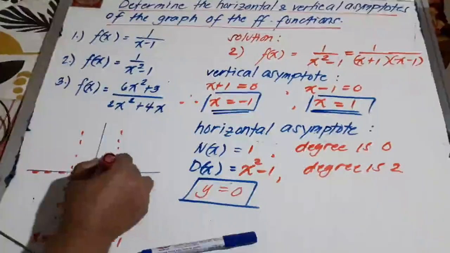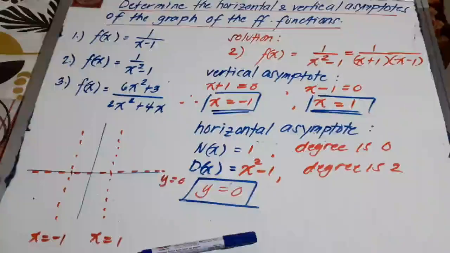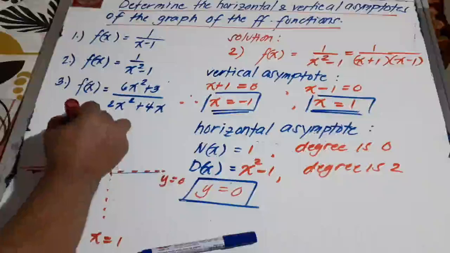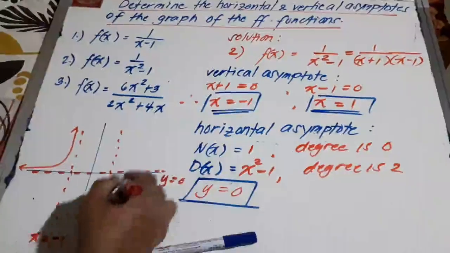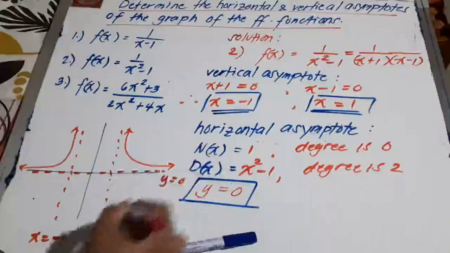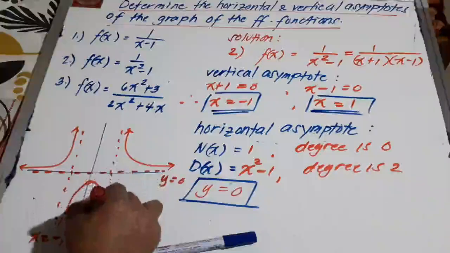So, yung graph niya ay ganito. Tapos dito, ganyan siya.